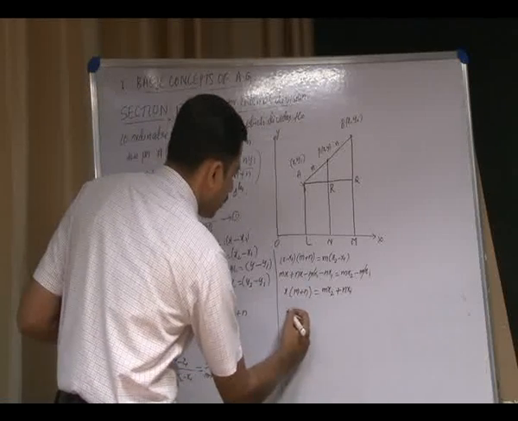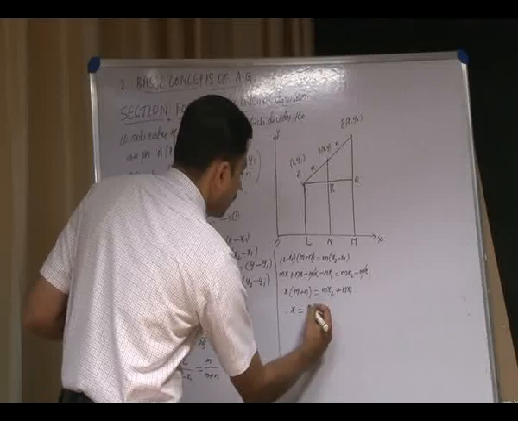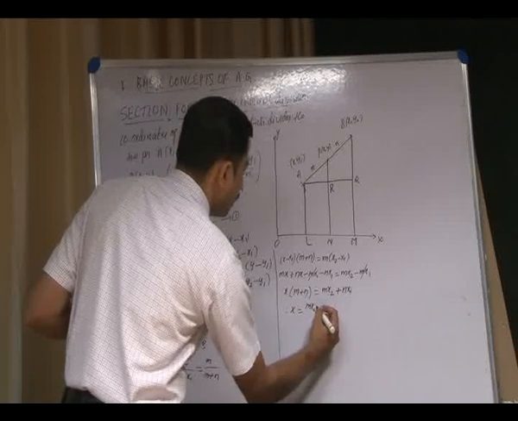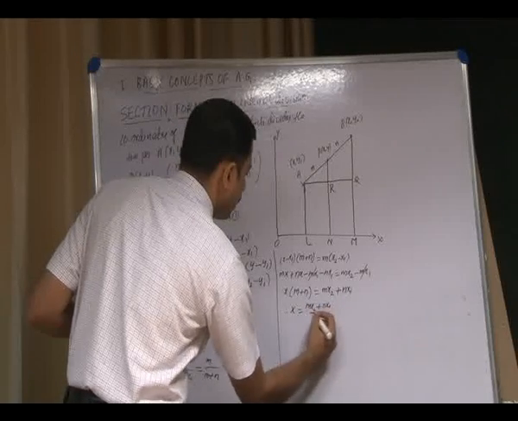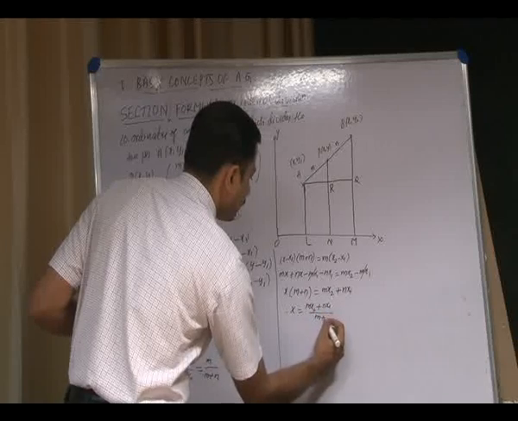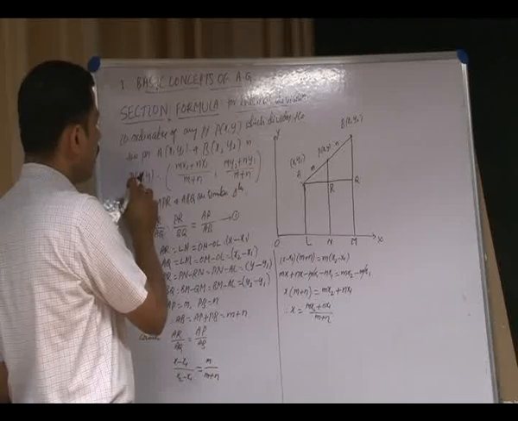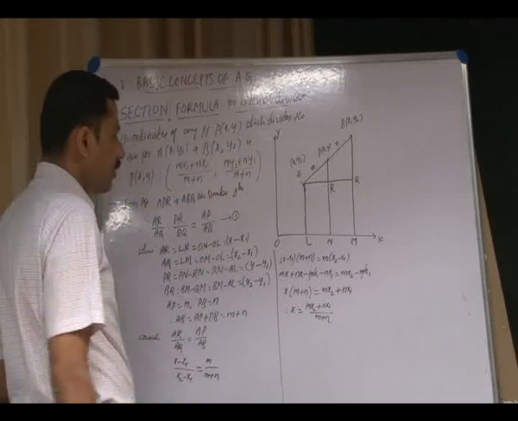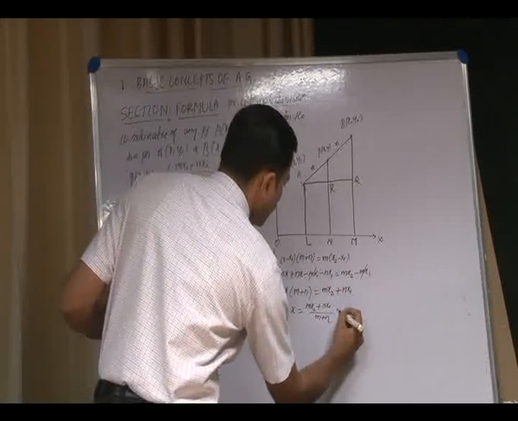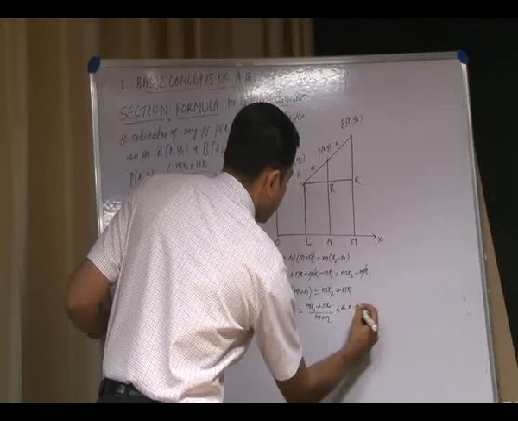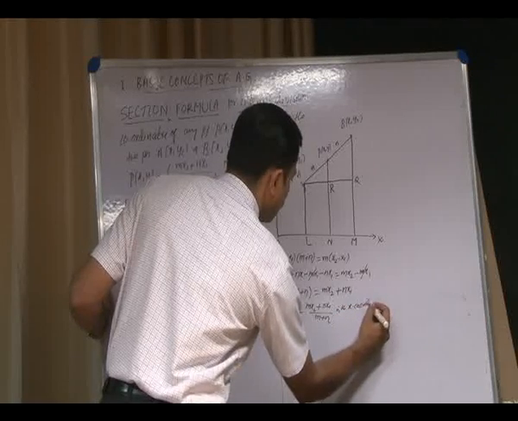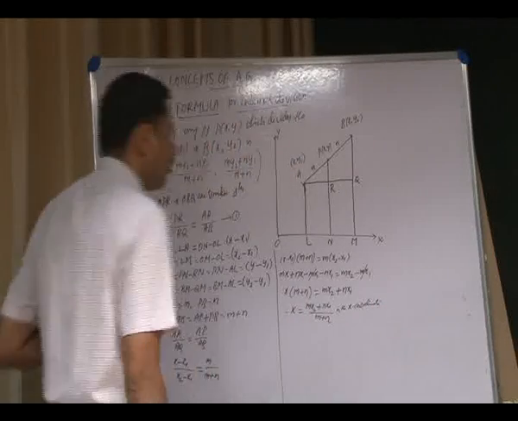Therefore x is equal to mx2 plus nx1 divided by m plus n. So that gives the x coordinate of point P.